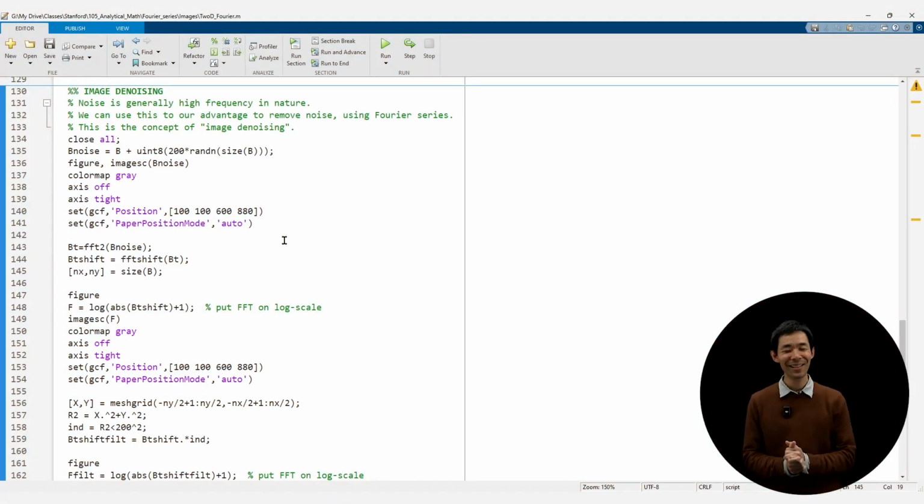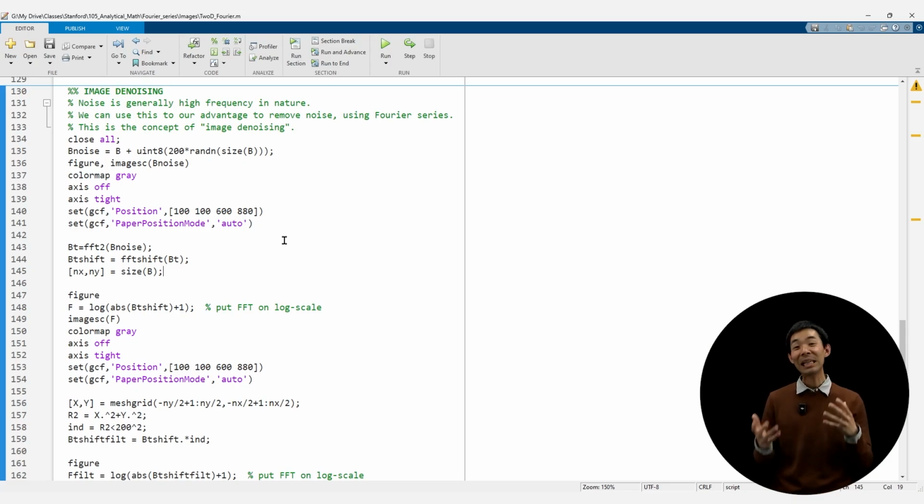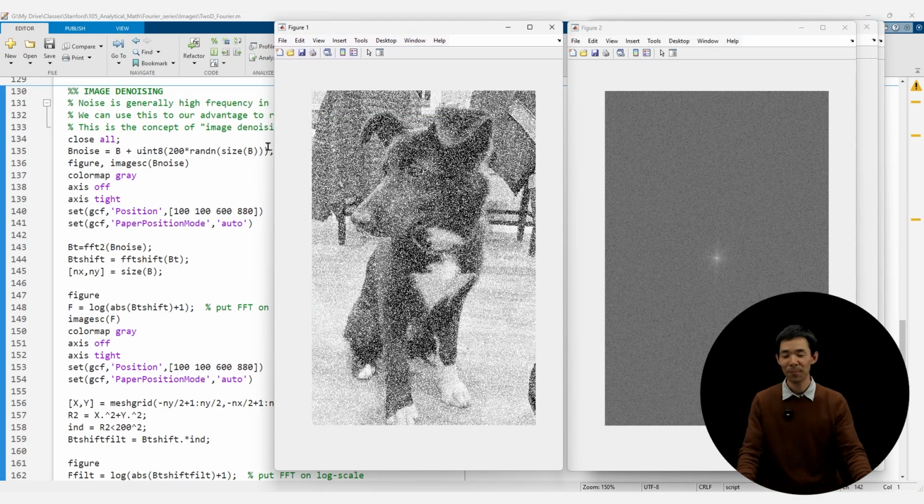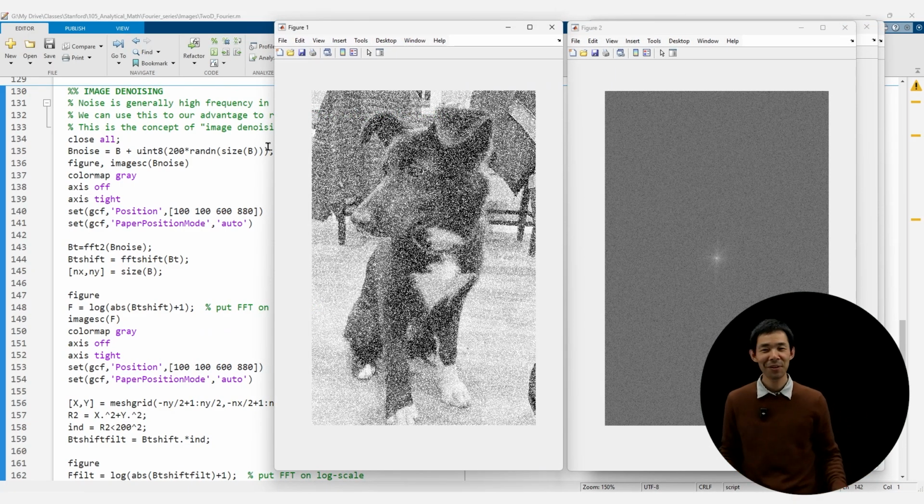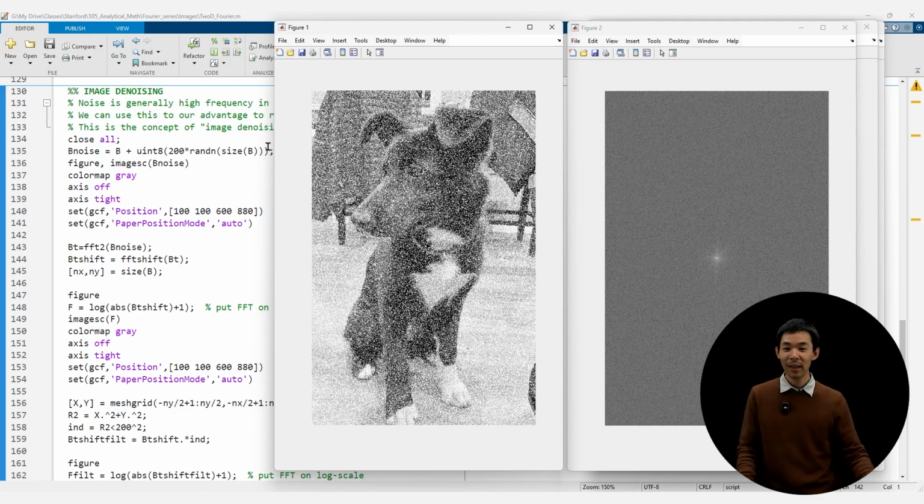So, one last example of how we can use Fourier series to clean up an image. Suppose you had a really bad camera from back in the day, and you take a picture of Coco, and it turns out really blurry and bad and very pixelated and noisy. Suppose your picture looks something like this.